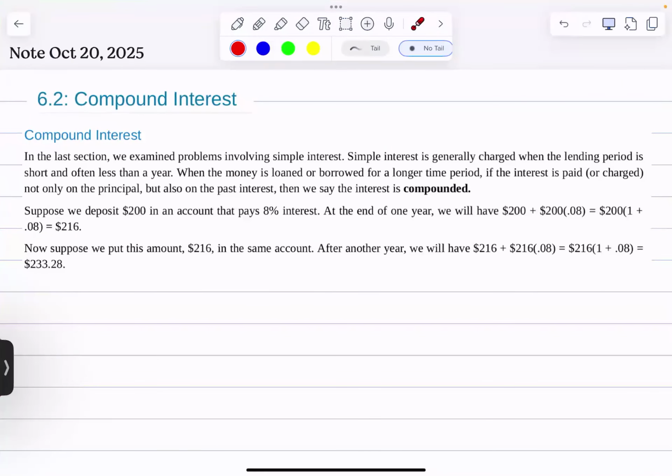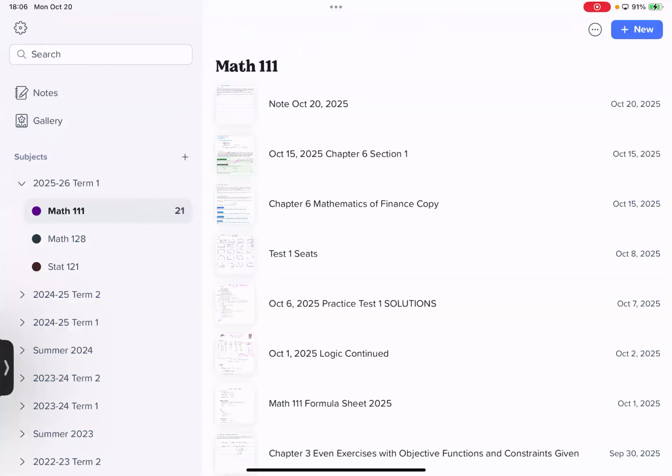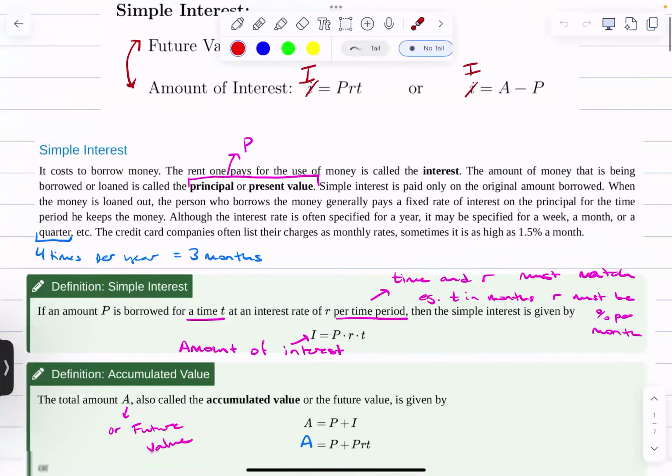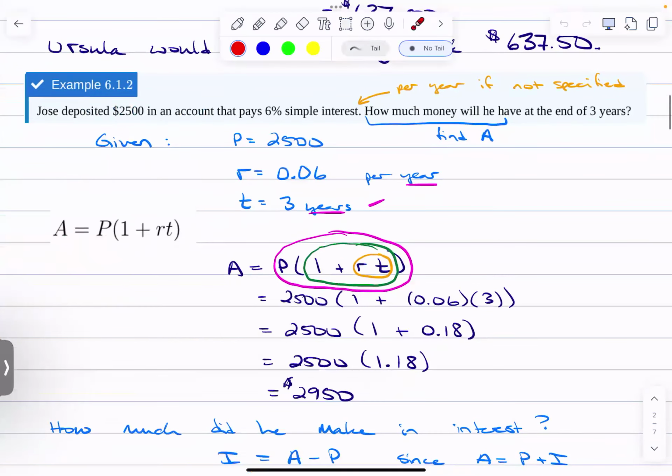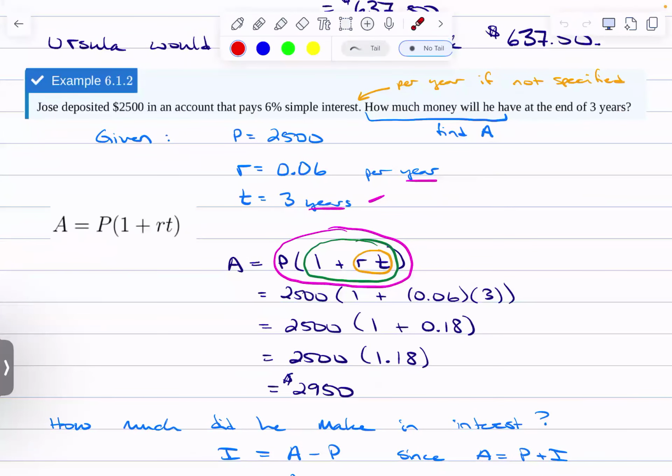So we actually did, we didn't call it compound interest, but we introduced simple interest problems last day.